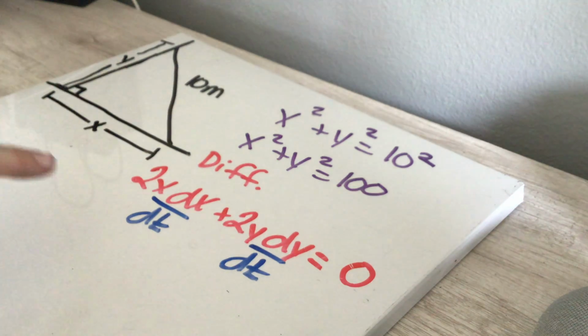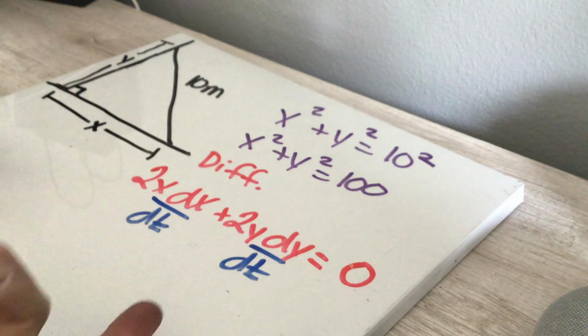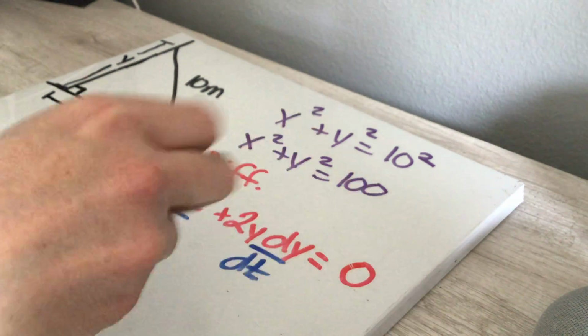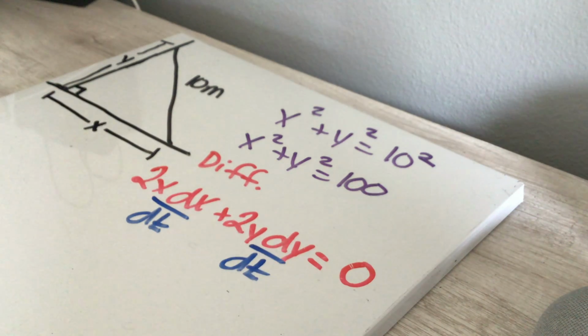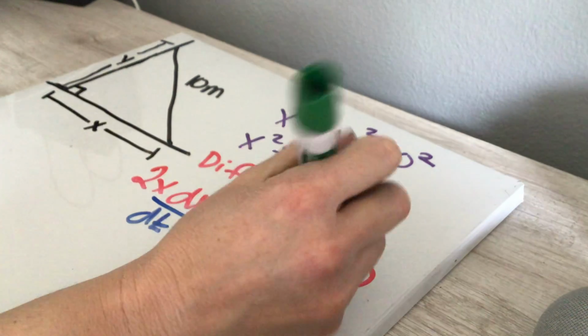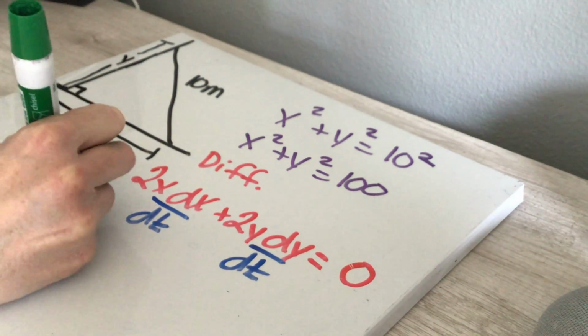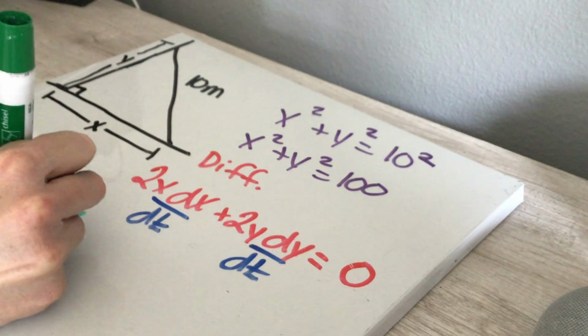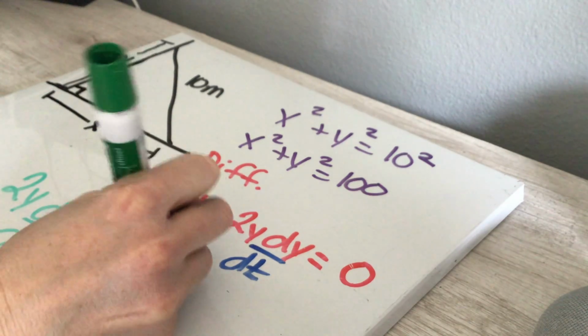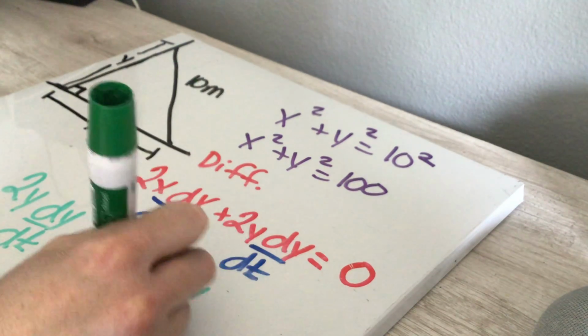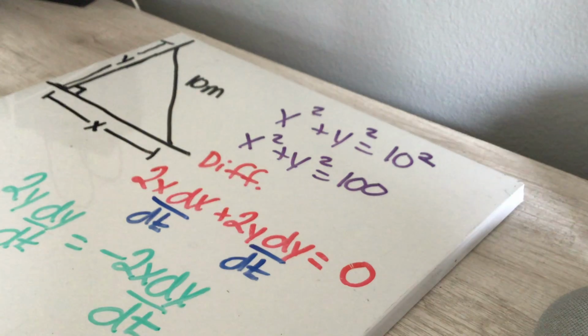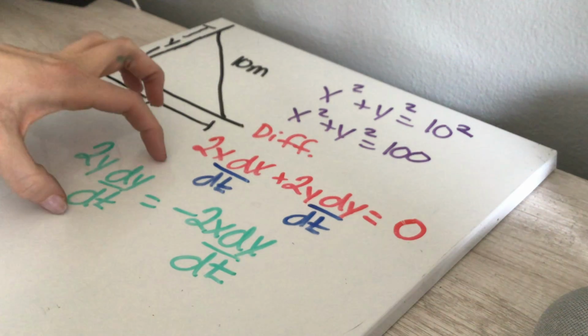So we're going to start by getting that by itself, okay? So we're going to subtract 2x dx/dt because we're going to keep this positive because that's what we want. So we get 2y dy/dt equals negative 2x dx/dt. Okay? You want dy/dt by itself, because that's the rate of change, right?